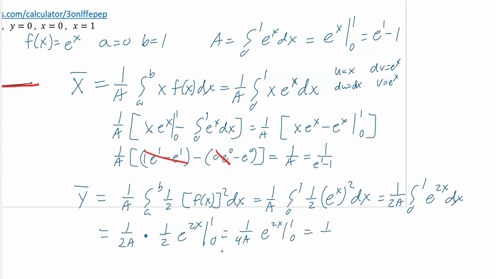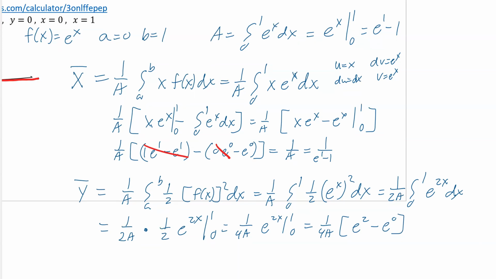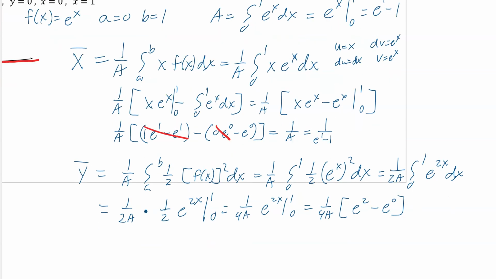So now we plug that in. 1 over 4a, e to the 2 times 1, which would be 2, minus e to the 0. So we end up with 1 over 4a, e squared minus 1. And then here's where the tricky stuff comes in.